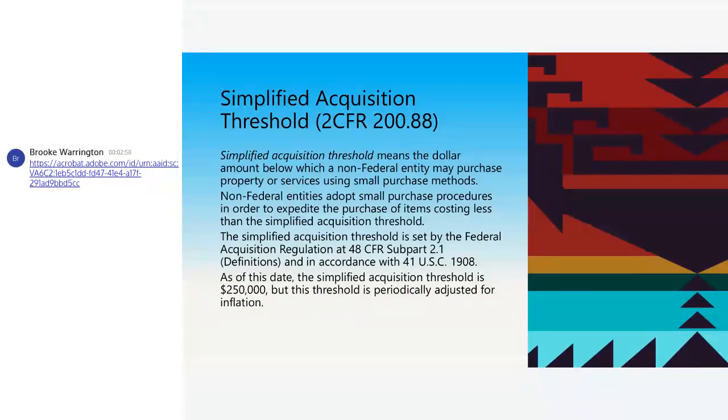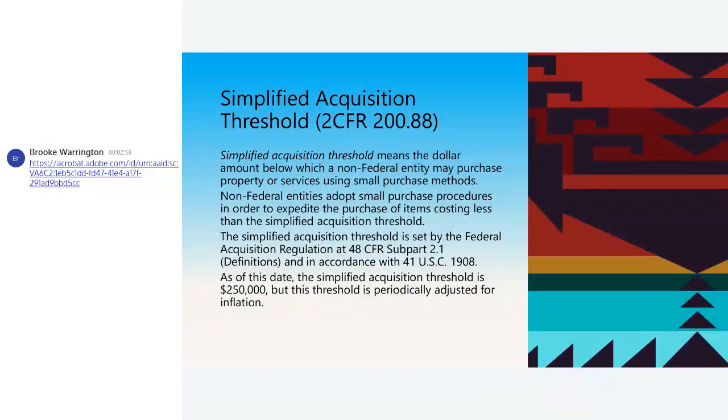You're going to adopt small purchase procedures in order to expedite your purchase of items costing less than whatever your established acquisition threshold is. It's set by the Federal Acquisition Regulation at 48 CFR subpart 2.1, and in accordance with 41 USC 1908.